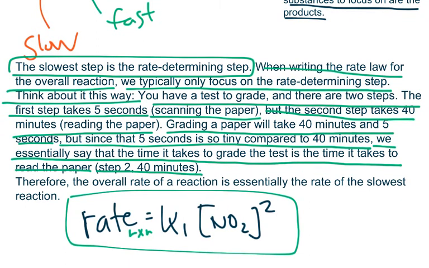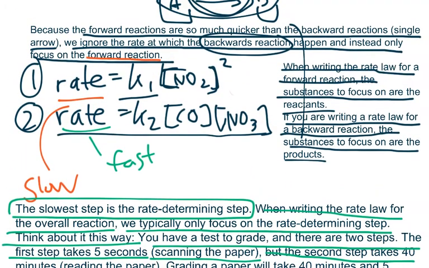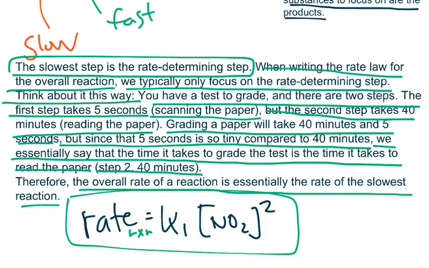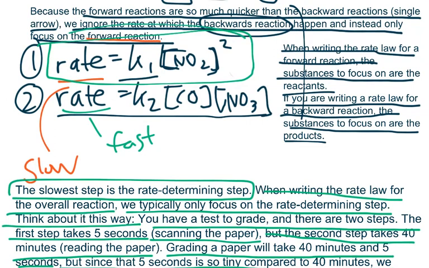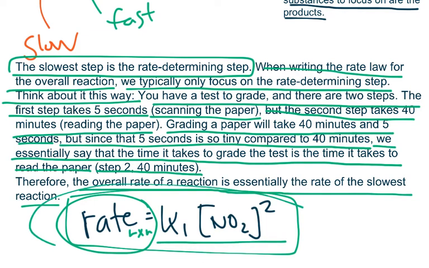Since the overall rate of a reaction is essentially the rate of the slowest reaction, the rate law for the entire reaction is the rate law of the slowest reaction, and we found that here. Therefore, the rate for the reaction is equal to k1 times [NO2] squared. This is essentially the rate law, and we are basing it off of this assumption that we made up here.